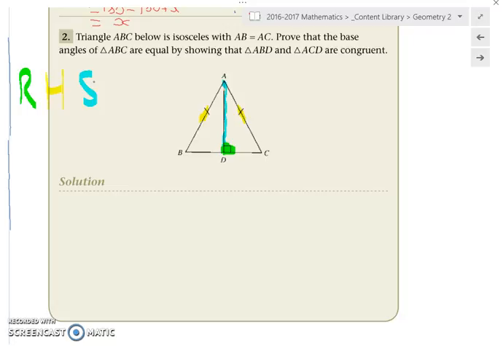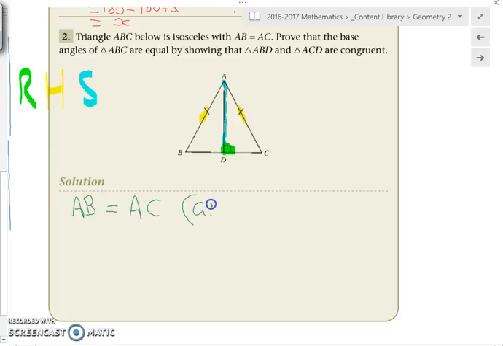So we've got the aim. The next bit we're going to do is write down what we've got. So what have we got? We've got AB equals AC. Given. Do you agree with that? And now I'm going to use your one that they've got. Now you said they share it. What we actually say is AD is common.